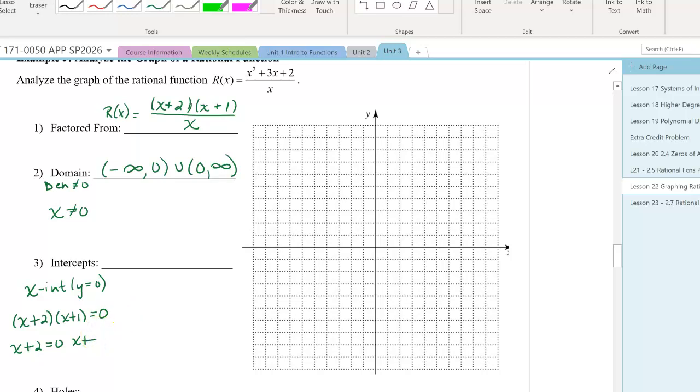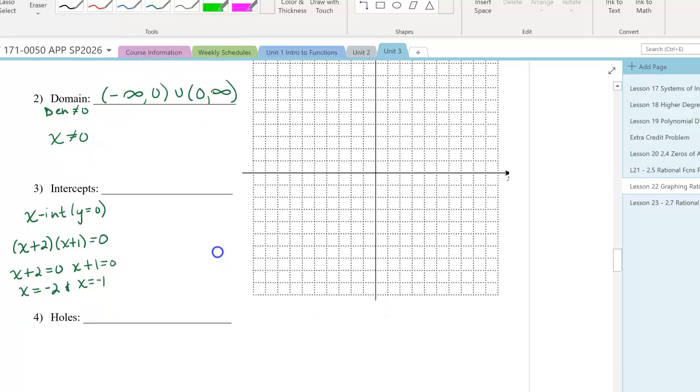Sorry, I got carried away with my pluses there. So x is equal to negative 2 and x is equal to negative 1, both of which are in the domain because the only number that's not in the domain is 0. So I have two x-intercepts, negative 2, 0, and negative 1, 0.